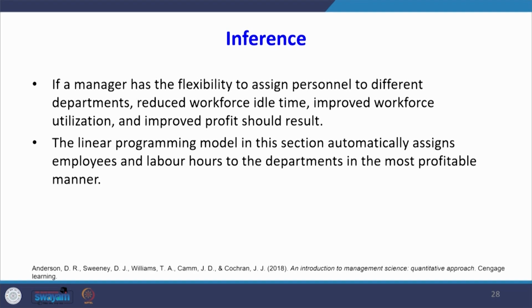If a manager has the flexibility to assign personnel to different departments, reduced workforce idle time, improved workforce utilization and improved profit should result. So, the linear programming model in this section automatically assigns the employees and labor hours to the departments in the most profitable manner. In this lecture, what have we done?